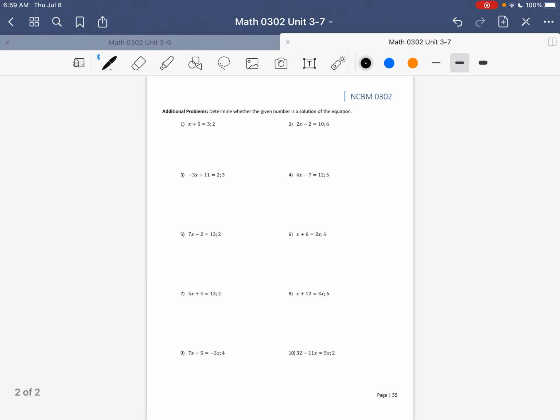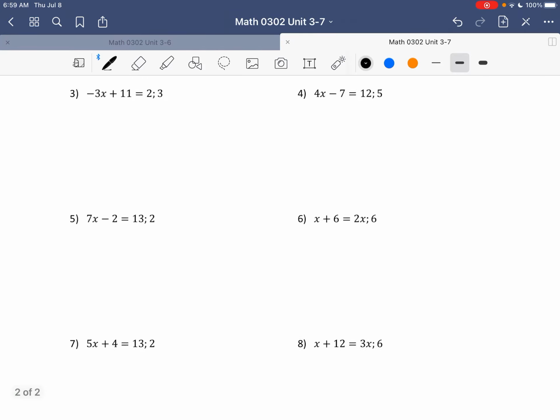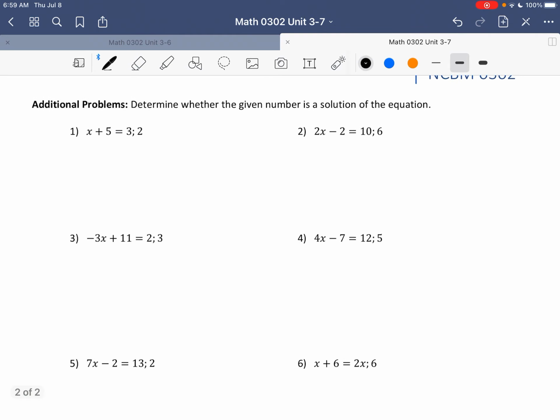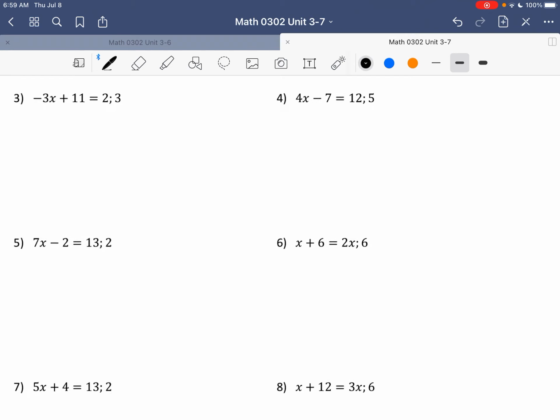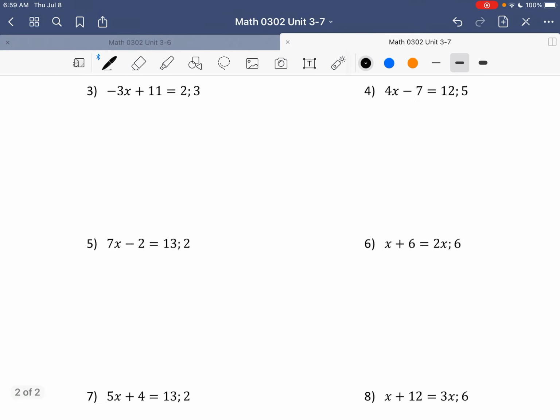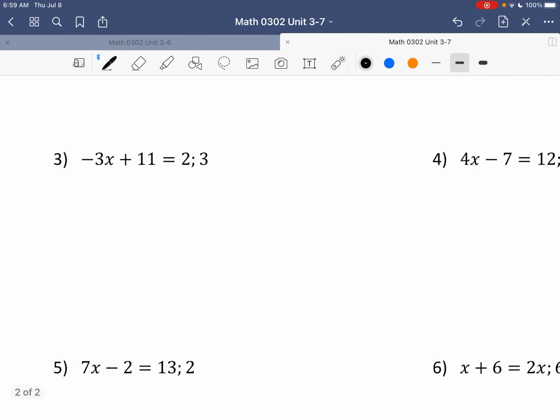Here we go, I wanted to take a look at some of these. Let's take a look at part 3.